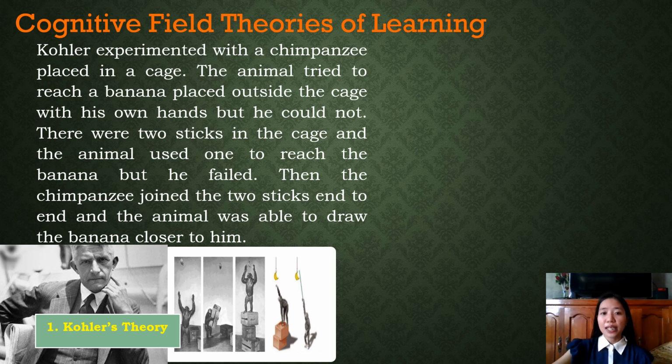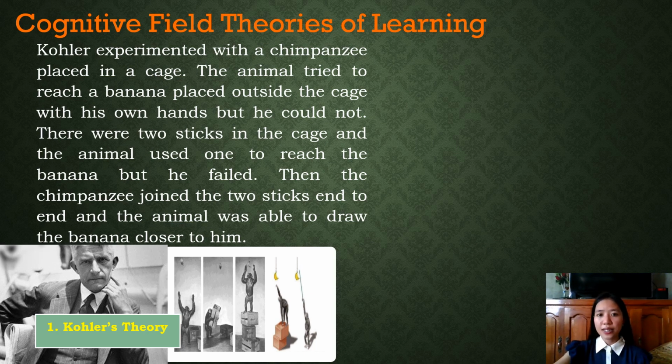How about the application in the classroom? Solving a mathematical problem is an example. A student employs different solutions, utilizing available data, insight, and understanding, and finally arrives at a correct solution.